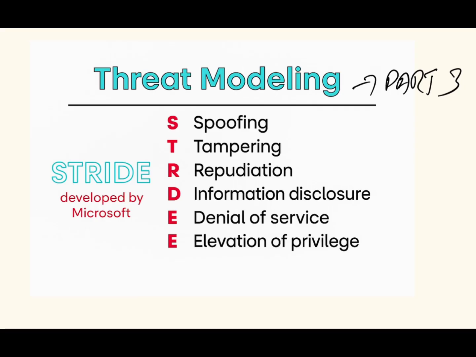Checksums and hashes: verify data integrity during transfer or storage. Encryption, HTTPS, TLS: prevents data tampering during transmission. Code signing: verify the authenticity of executables and scripts. Read-only permission: restrict modification rights on files and databases.